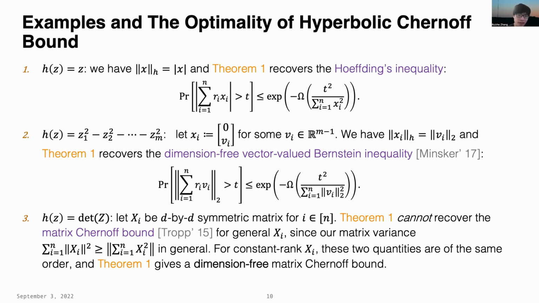However, for constant rank x_i, these two quantities are of the same order, and in this case our theorem is better than the matrix Chernoff bound, since it does not have a leading dimension factor, as in Tropp's result.